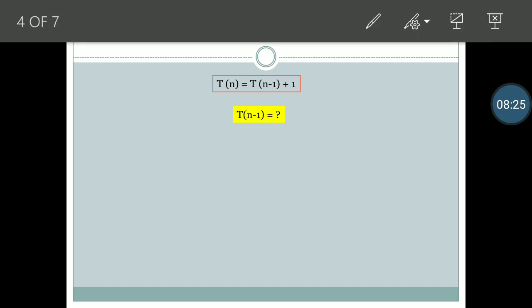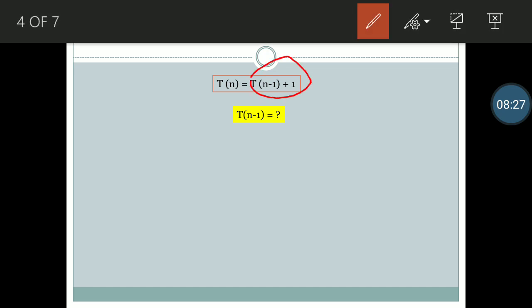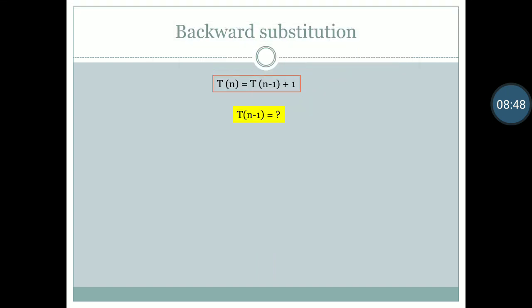Because in this relation, 1 is already known, but we have to know the value of Tn minus 1. After getting the value of Tn minus 1, we can know the exact value of Tn, which means we can solve this equation.